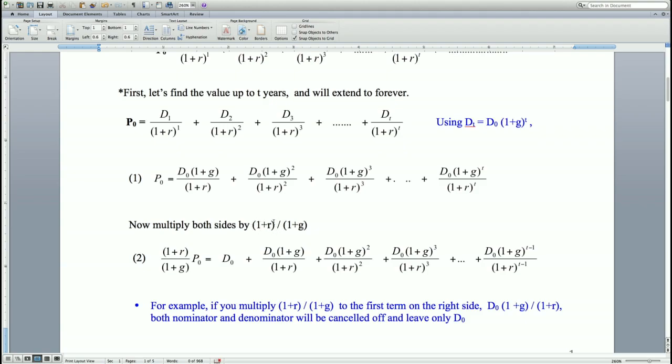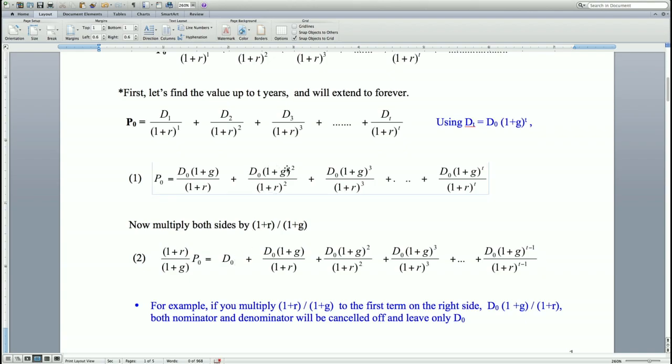Numerator, we have 1 plus r, so those two cancel. And then numerator 1 plus g, and the denominator has another 1 plus g, so those cancel out. After we cancel out 1 plus r and 1 plus g, we have only d0 left.